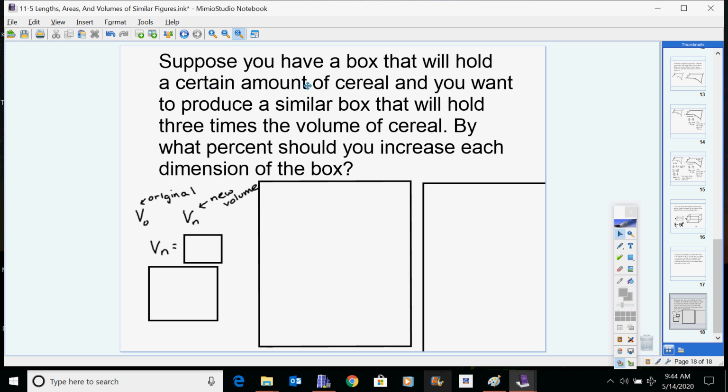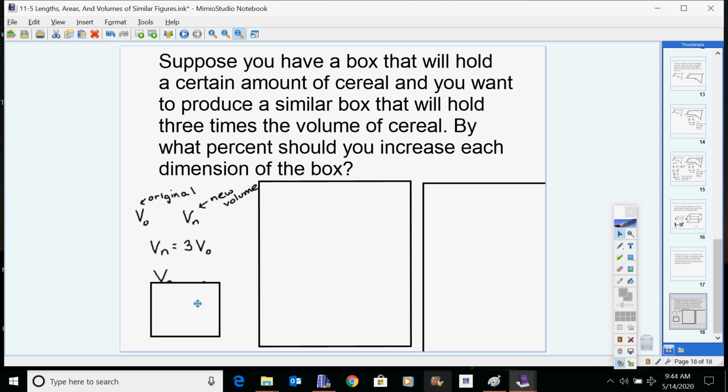Now right in the description here, we want to hold 3 times the volume of cereal. We want the new one to hold 3 times as much as the original one, the old one. So that looks like this. The volume of the new one equals 3 times the volume of the old one.